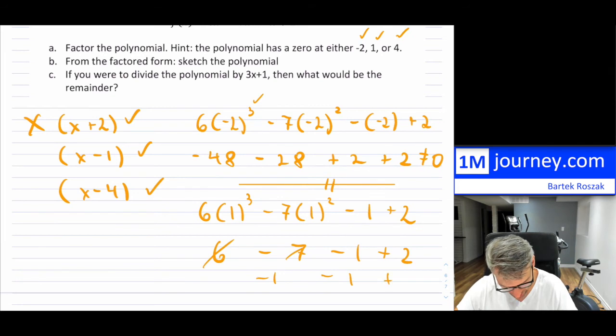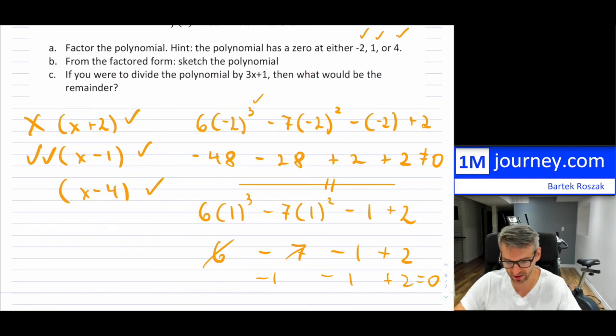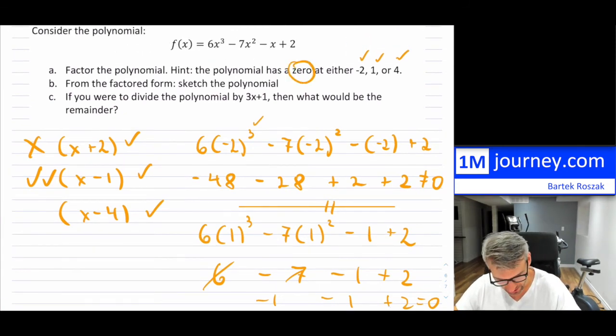Minus 1, then plus 2. Okay, good. It's this one. 0. So the remainder is 0 there, which means that must be the 0. Now on a test, you probably still want to check the 4, but here they say that it has a 0 at that. So that's definitely one of them.